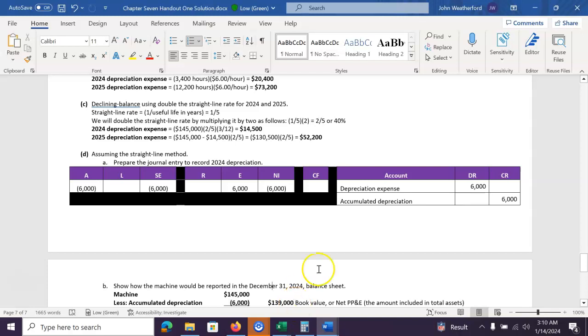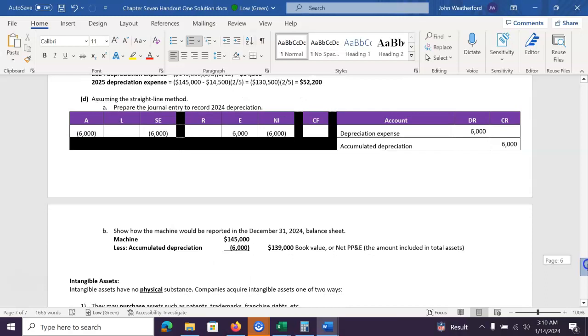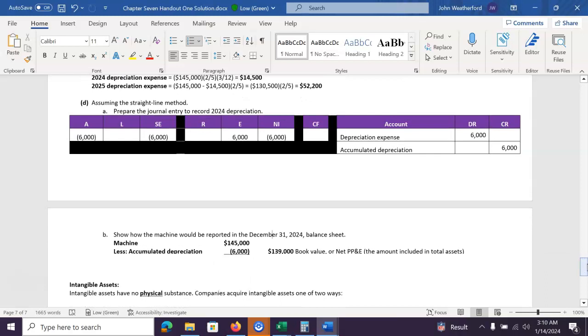It's also the amount we would use in calculating gains or losses if we sold the equipment, or in this case, a machine. We'll get to those gains and losses a little bit later. That's a little foreshadowing for you there.